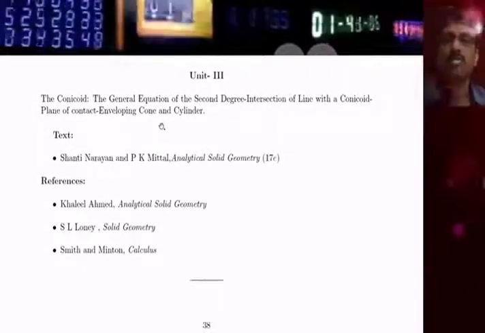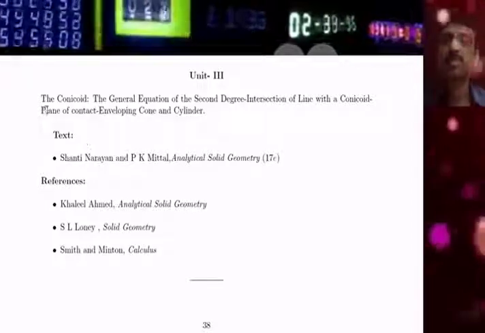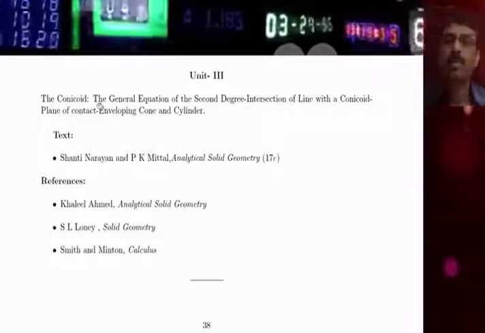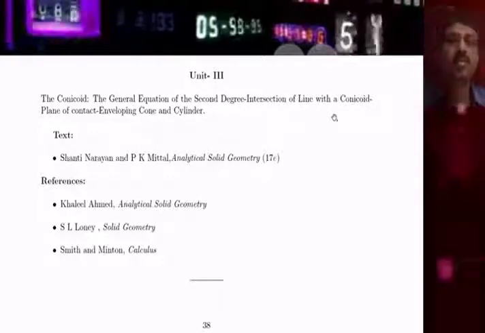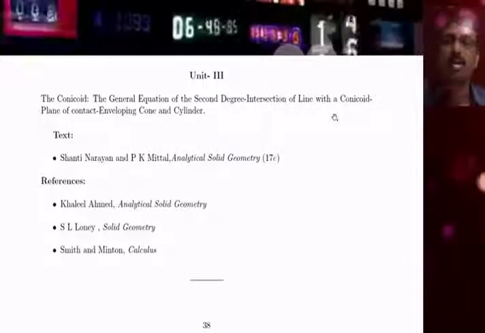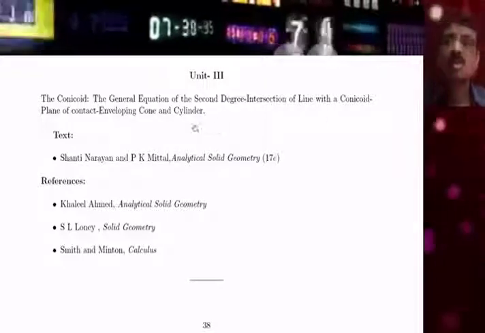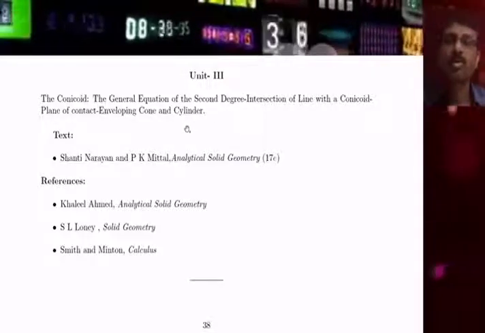Coming to unit 3: the conicoid, the general equation of the second degree, intersection of a line with a conicoid, plane of contact, enveloping cone and cylinder.